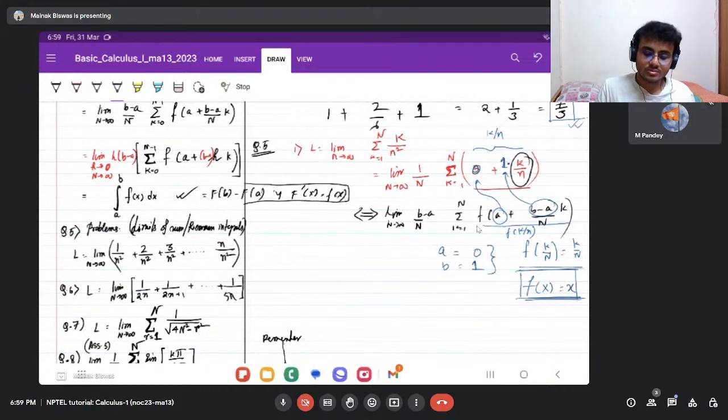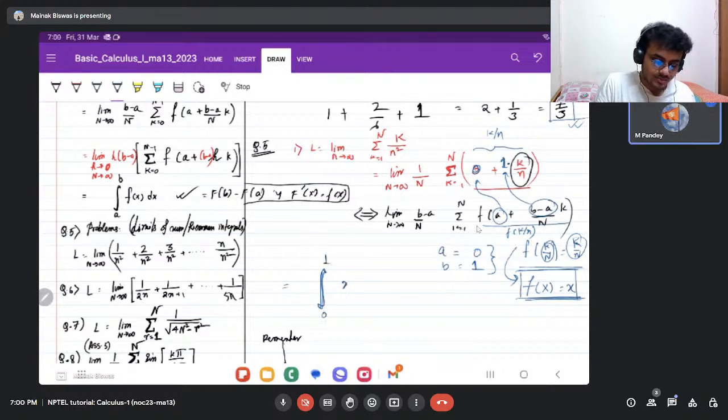Yes or no? Yes, sir. It's a linear function, it's the same as the argument. So I will choose f of x is x. If I choose that, what integral will it turn out to be? Integral of x dx from 0 to 1. Correct. Or this area is half.